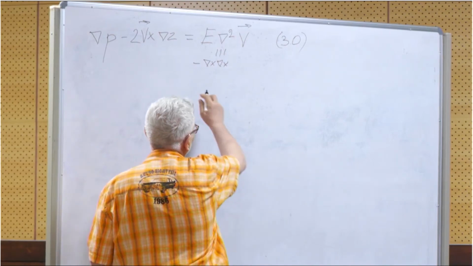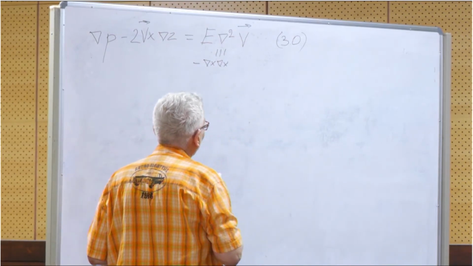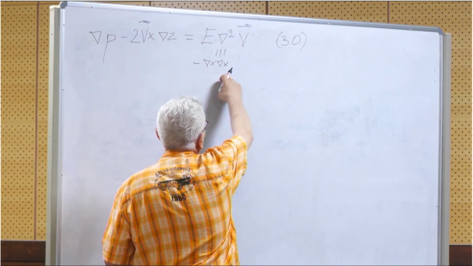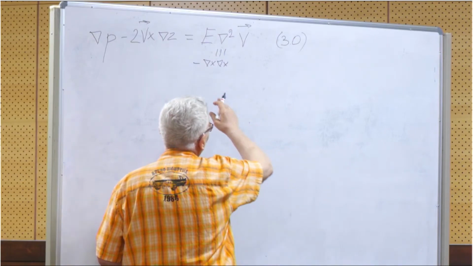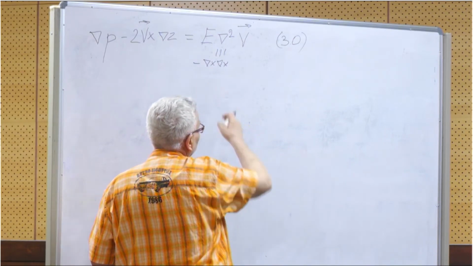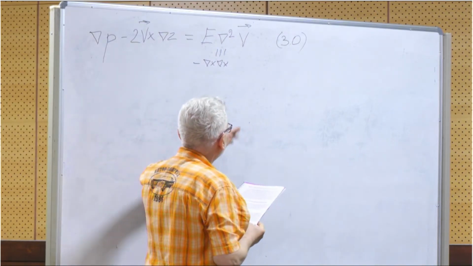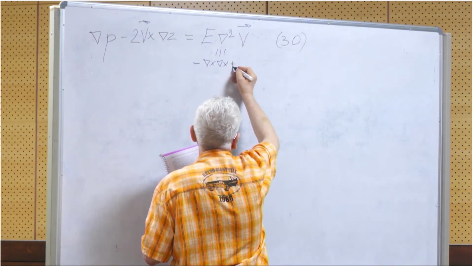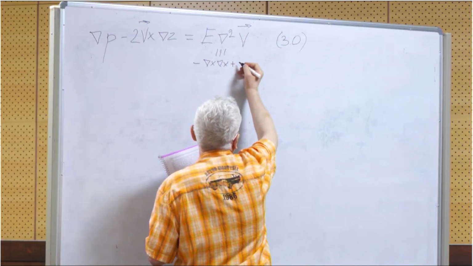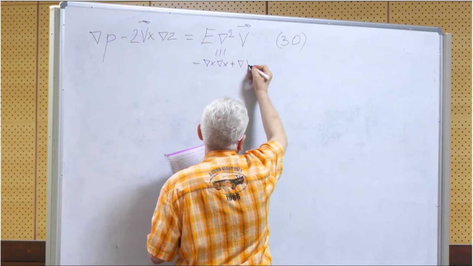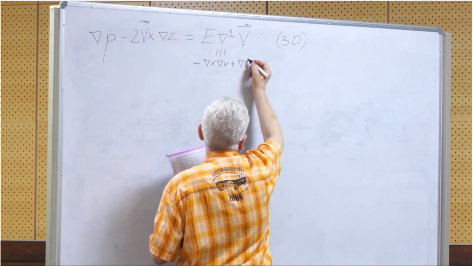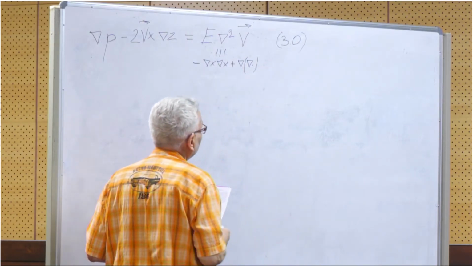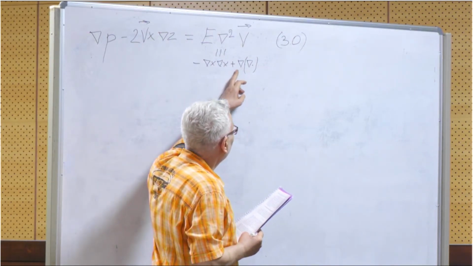If the divergence is zero, then there is no more contribution. But if the divergence is not zero, then we have to add to this term the gradient of the divergence. Something like that. So here we have the divergence, and here the gradient of divergence.